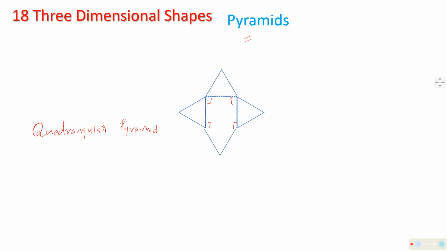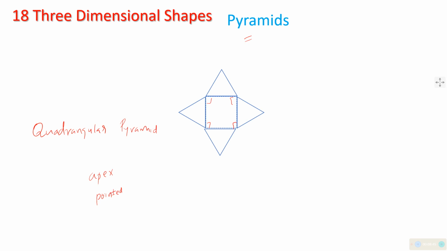We have to fold it properly, and the pyramid will be having a top or an apex where you will see that it will be pointed, and all the sides will be meeting there. A common vertex, a common apex will be there. It will be pointed like a needle. These are peculiarities of a pyramid.